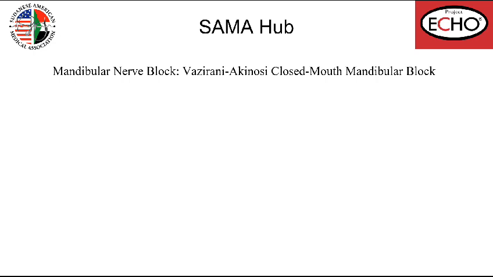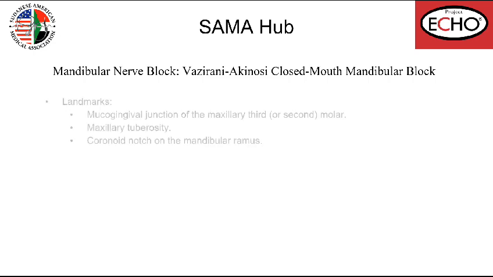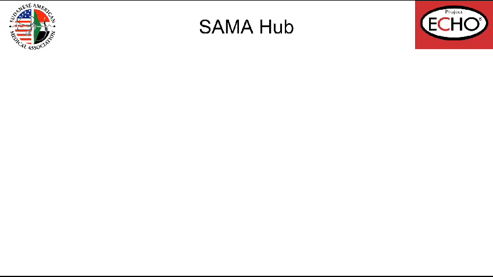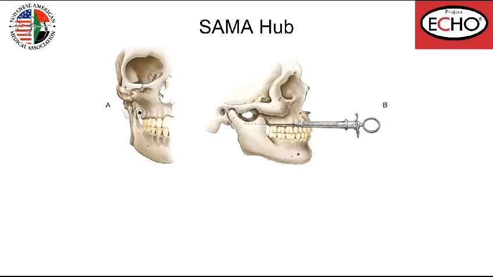Although it's history now and it's a bit aggressive, sometimes it was used in pediatric dentistry, but now with sedation and GA being a trend, there is no use of it. The landmarks: mucogingival junction of the maxillary third molar, maxillary tuberosity, coronoid notch on the mandibular ramus.